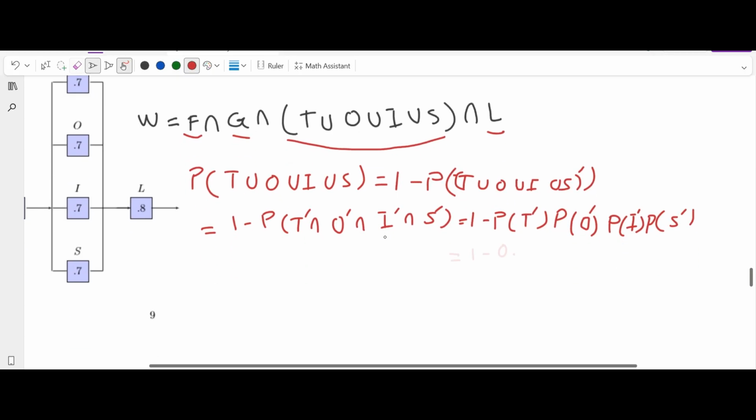And so what is that? That's 1 minus 0.3 to power 4.